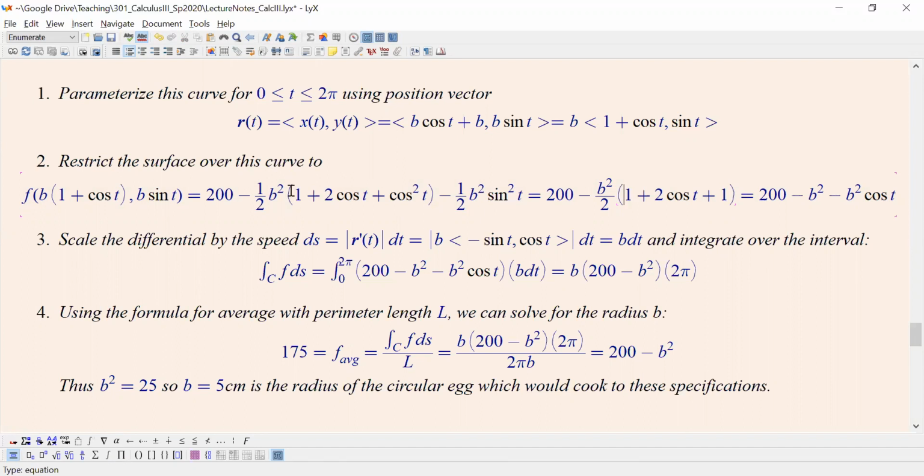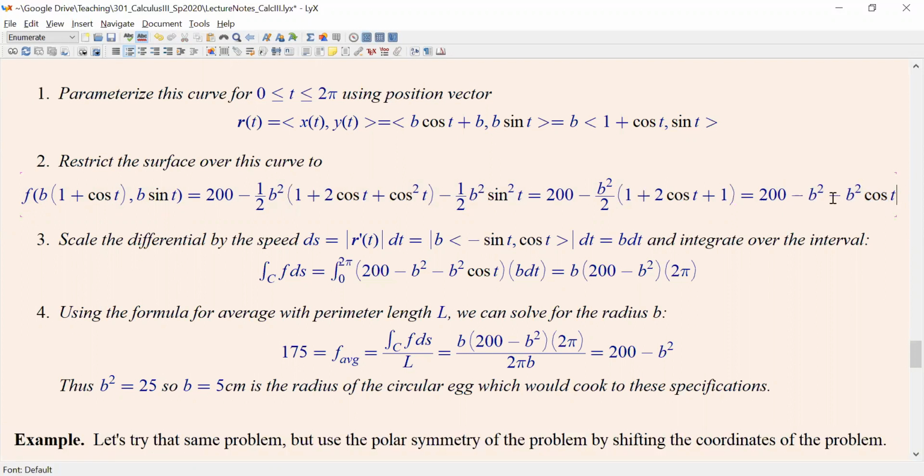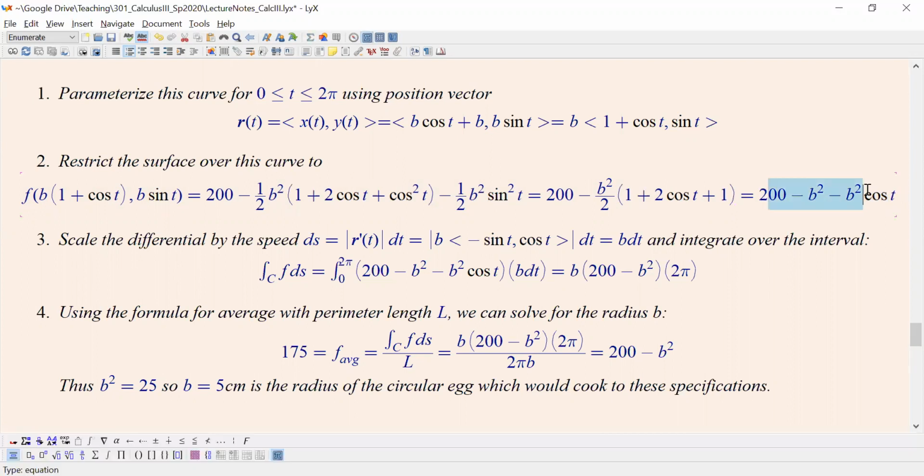I have a 1 there. And together we get 2. And then I have a 2 cosine of t in the middle. If I scroll to the far end, can I simplify that a little bit? Yes. I can just highlight this final piece. There you go. The half cancels there, leaving me with a b squared term and then a b squared cosine of t, both subtracted from 200.